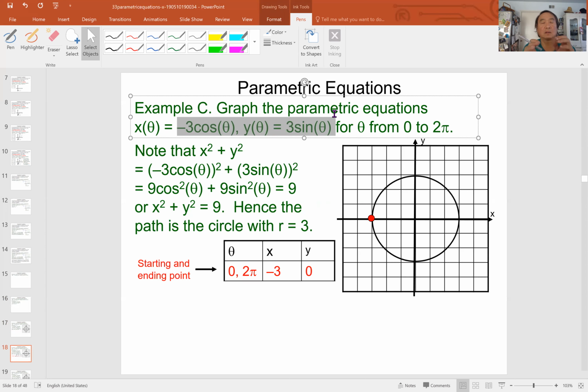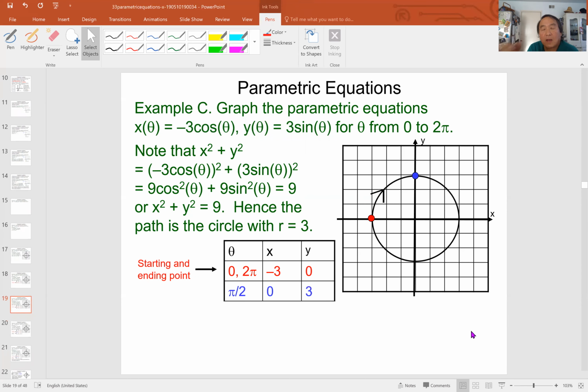So in this case, theta equals 0 is the red point position. When theta is 2 pi, it ends up at the same location.